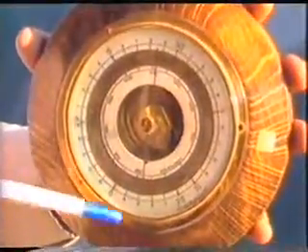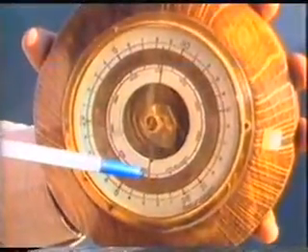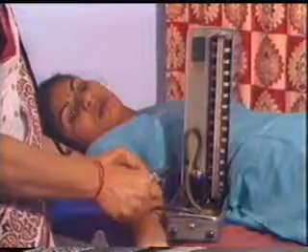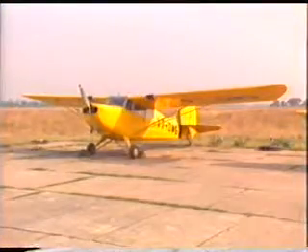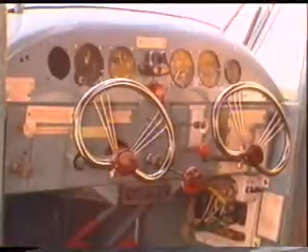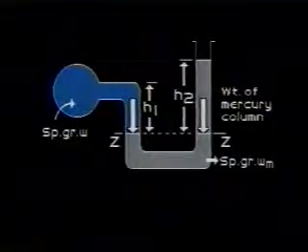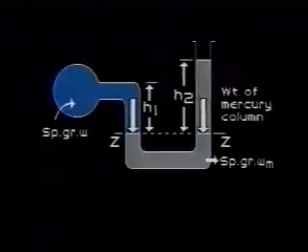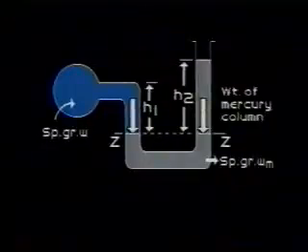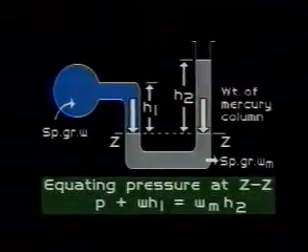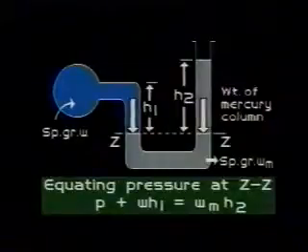The working of barometers, manometers, sphygmomanometers, and altimeters, etc., is based upon the principle of balancing the column of the fluid whose pressure is to be measured by the column of the same fluid or some other fluid.